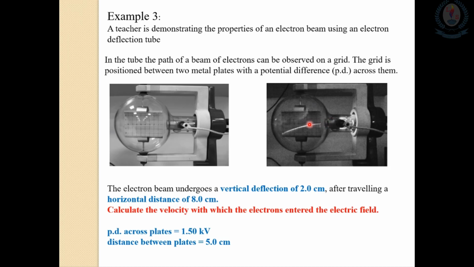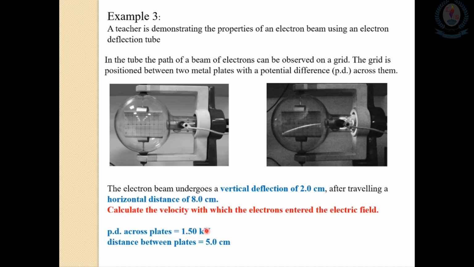It enters horizontally. So what we have to find out is the initial horizontal velocity with which the electrons enter the electric field. Two more pieces of information are given, which I have highlighted in blue. This is one piece of information, this is another, and now the potential difference between the plates, 1.5 kV, kilovolts.